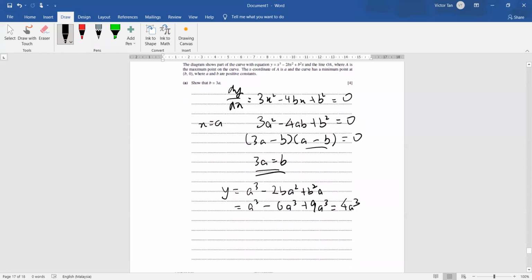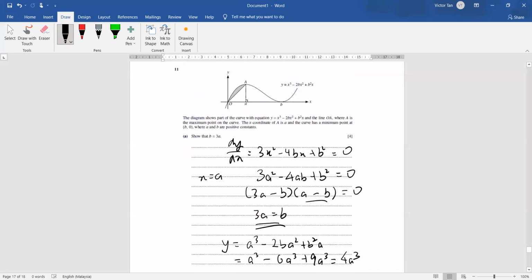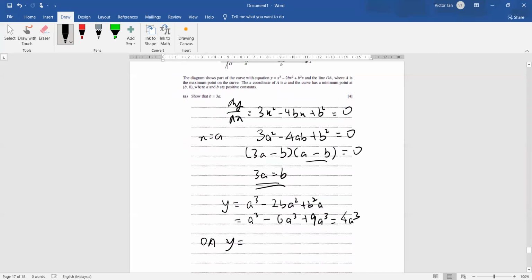So the line OA is y equals, the gradient will be 4a cubed over a, so it's 4a squared x.